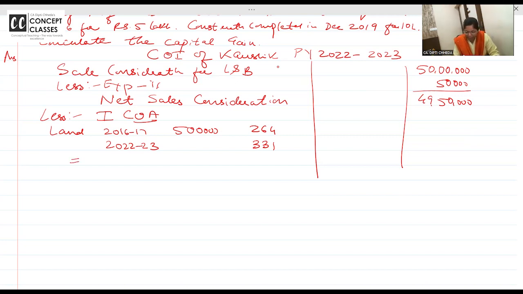What was available in 16-17 for 264 has become 331. So 5 lakh is question mark. So 5 lakh into 331 divided by 264.